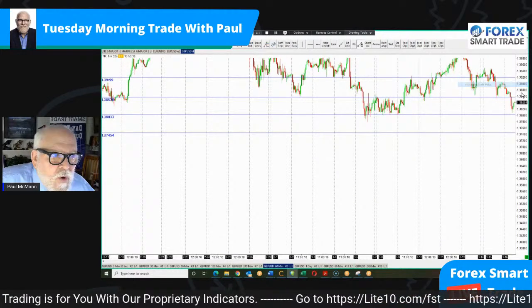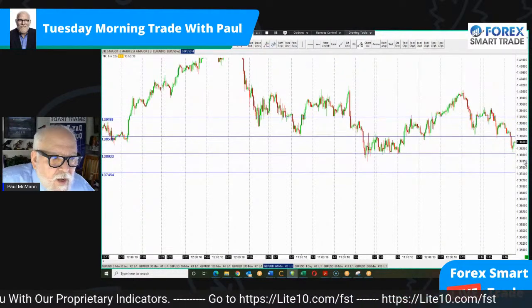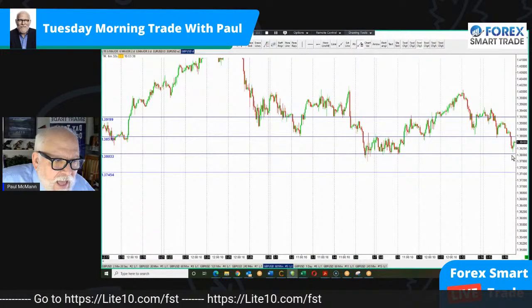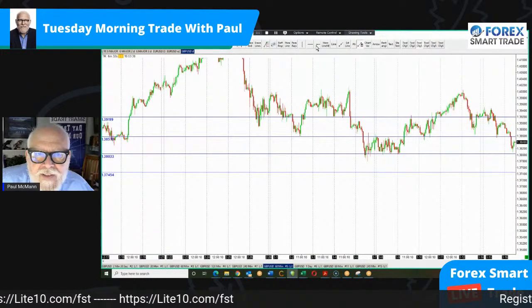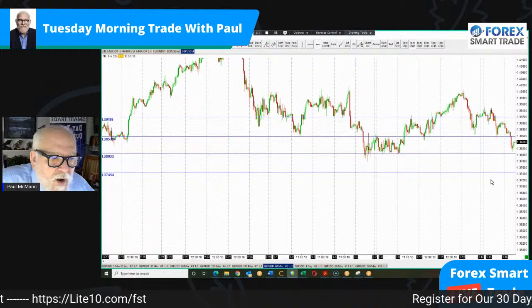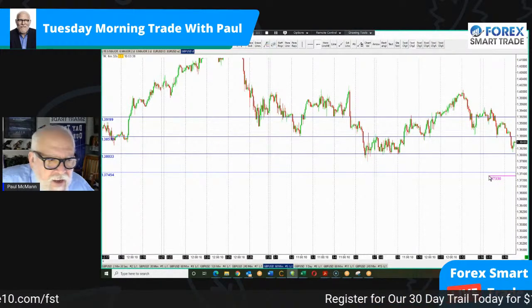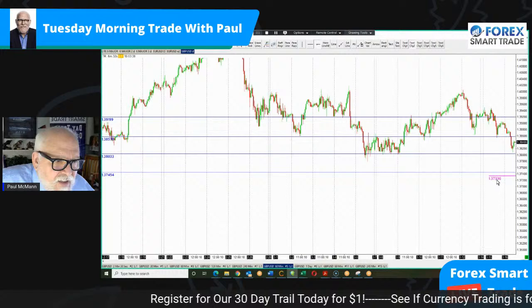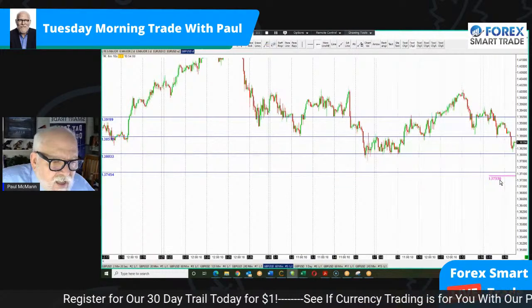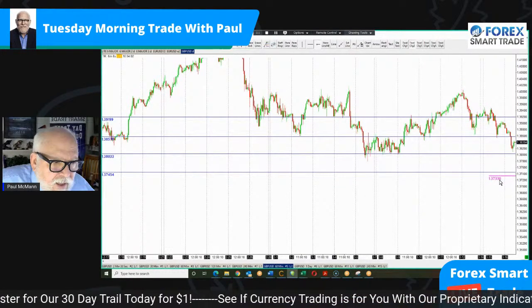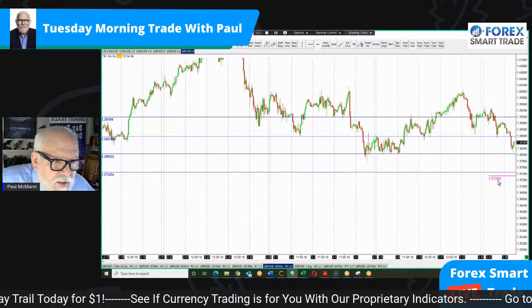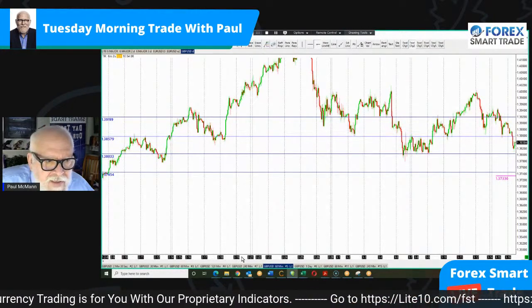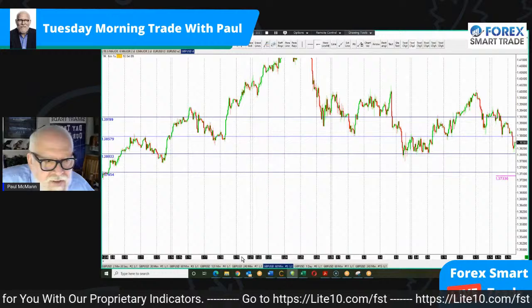If I were to go 2 support and resistances away, we've got a buy, I would put my stop loss somewhere below here at 37.36, just to give it room to breathe. Reality is it isn't, yeah, 37.36.